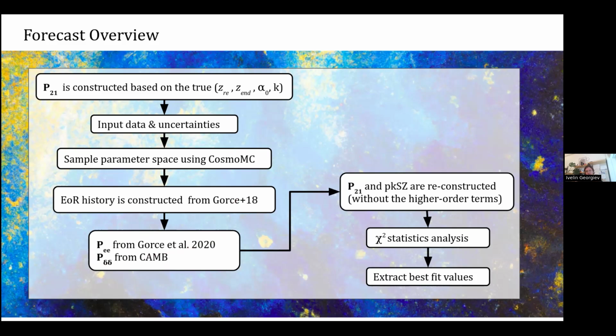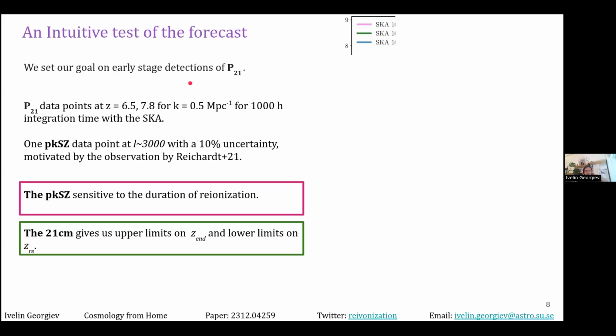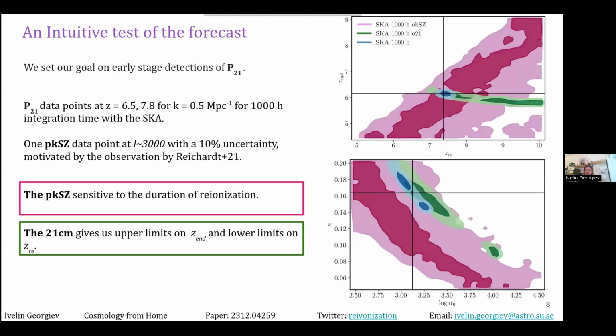So the point is that we try to see if we can actually recover our original findings, and within the papers, you can see we study very different combinations of data points. For the case I want to show you, we particularly only assume early stage observations of the 21 centimeter power spectrum, assuming that there would be few, either with SKAO or another radio telescope like LOFAR or MWA.